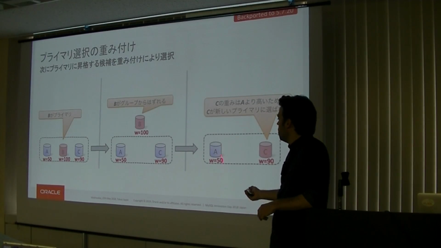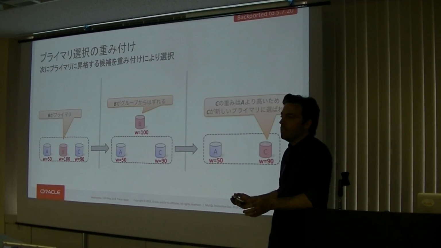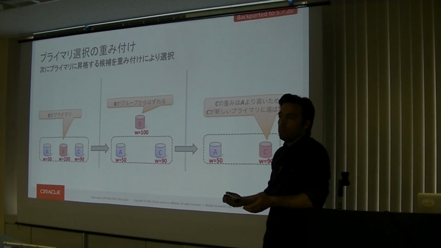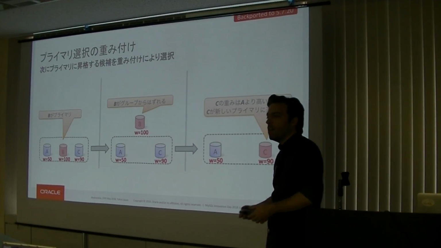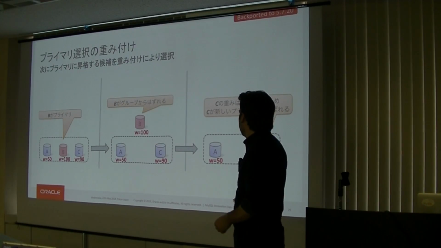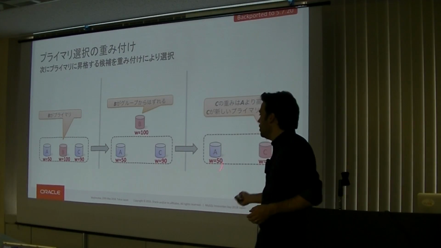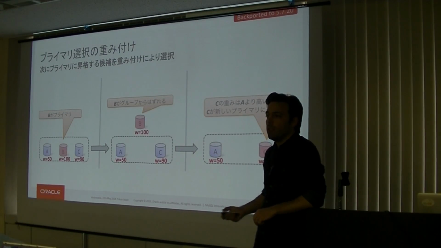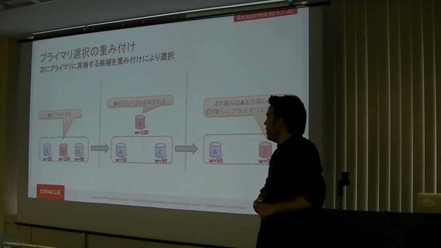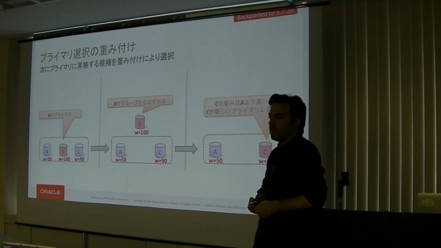For instance, maybe you want A to be the last one picked as the primary because it's a smaller instance in terms of hardware profile and C is much more appropriate, or maybe A is in a different network segment than that of C. So this is one easier way for us to influence the primary election.